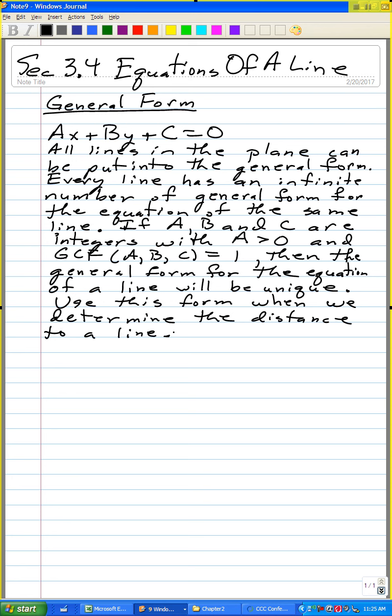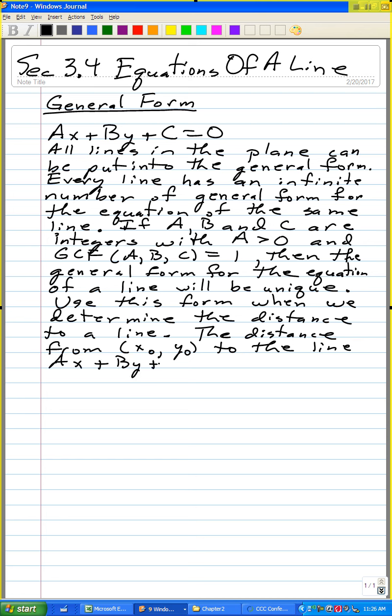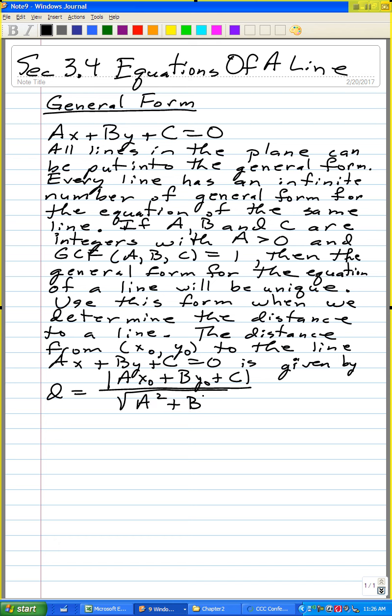So for example, the distance from the point, let's say x0, y0, to the line ax plus by plus c equaling 0 is given by: the distance is just the absolute value of ax0 plus by0 plus c, all divided by the square root of a squared plus b squared.